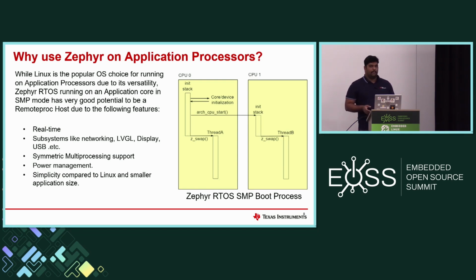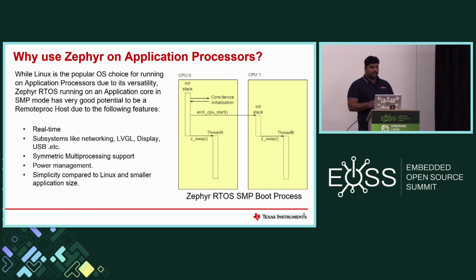There are also complex subsystems like networking, graphics, display, USB, everything, which you might not get from some of the traditional RTOSes, where you might not even have a device driver model. Zephyr also has features like power management, which might be suitable for this.